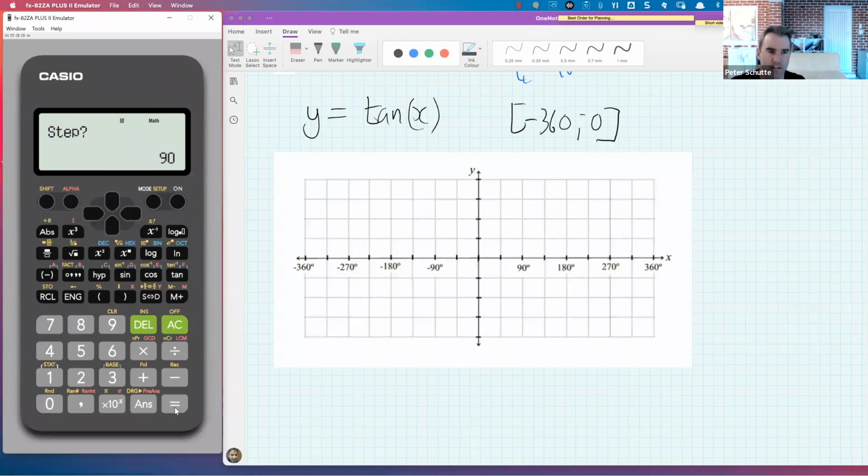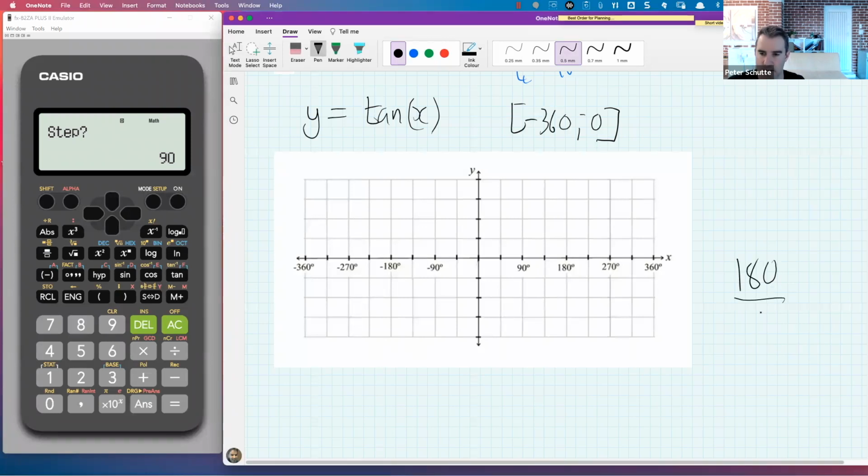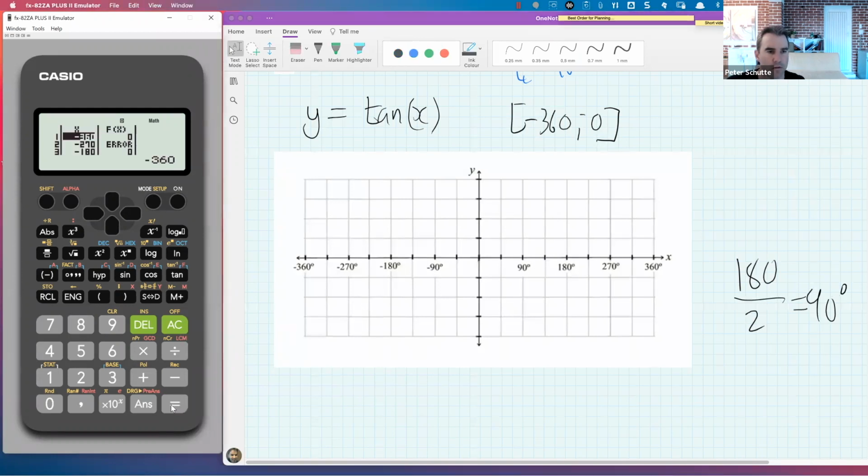Now the step size is interesting. It's not going to be, well, maybe it is 90. Let's see. The normal period of the tan graph is 180, but I divide it by 2, and so my step size is 90. So this is interesting.